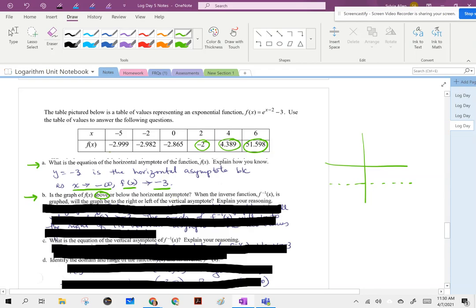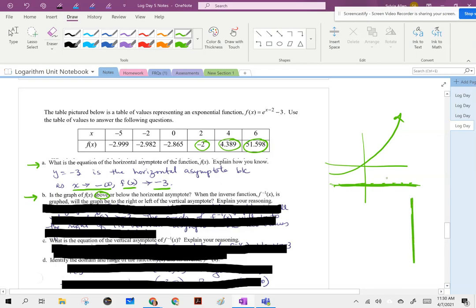So the domain, if we look at that, would be -3, not the domain, I'm sorry, but you have your horizontal asymptote and it's going to look like this. So when you do the inverse of that, you're going to have a vertical asymptote at -3.